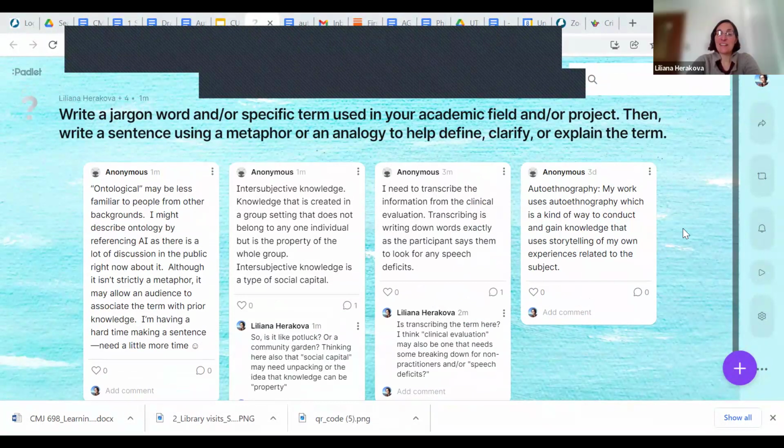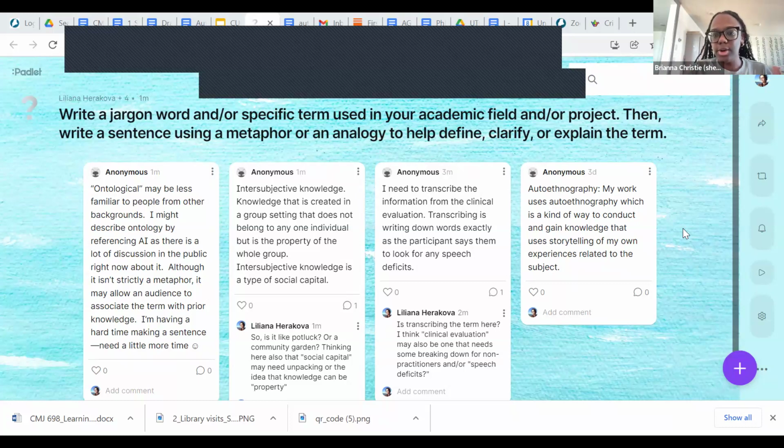Is there anyone that you'd like to start with? So we do have four, and I am going to fess up. One of them is mine. The one that you saw when you were typing your Padlet was autoethnography.